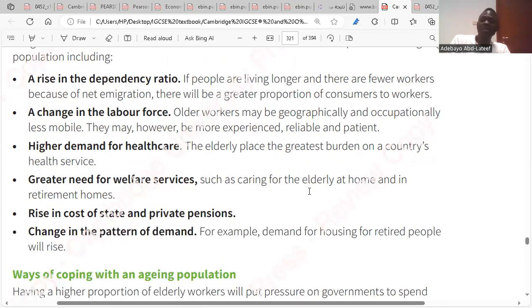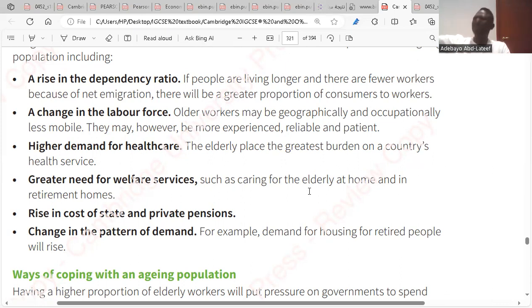A higher demand for healthcare. The elderly place the greatest burden on the country's health service. Because they are old, they will need different healthcare facilities and the rest. So government has to spend so much on them. Yes. Greater need for welfare services, such as caring for the elderly at home and in retirement homes. So as much as government has to take care of their health challenges, government also has to give them some welfare packages, like how to take care of them at home or in elderly homes.